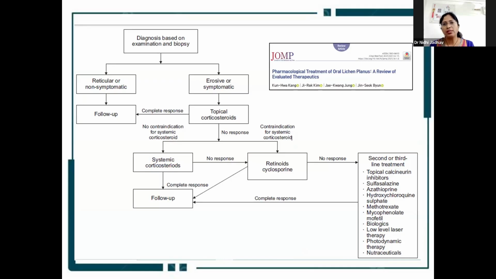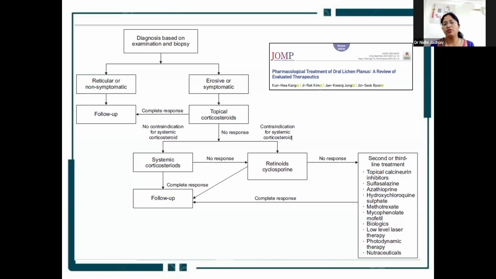If topical steroids in the 4 to 6 weeks are not working well, then we can give the patient systemic corticosteroids, considering that there are no contraindications for the use in that particular patient. If there is a situation where the systemic corticosteroids are not indicated, then we have to go for the therapy with retinoids or cyclosporin.